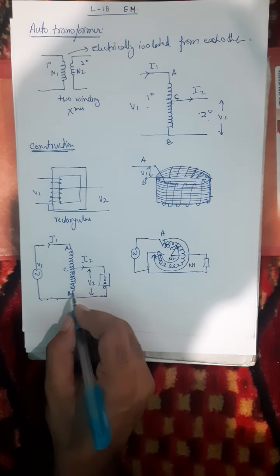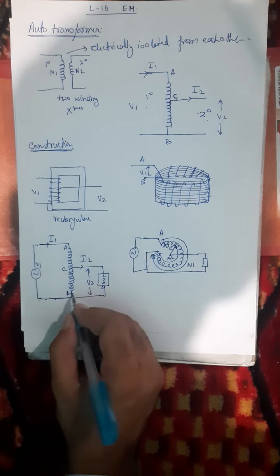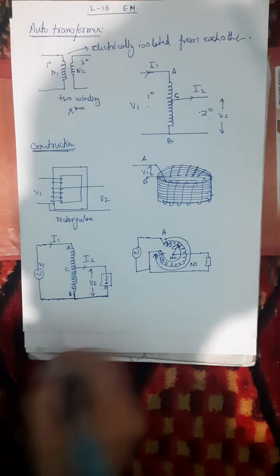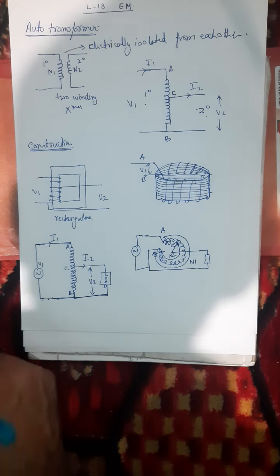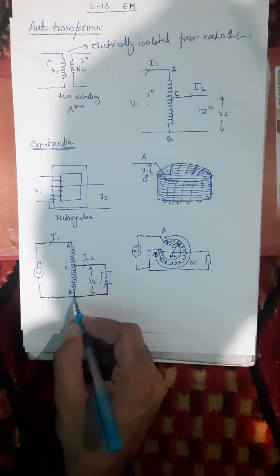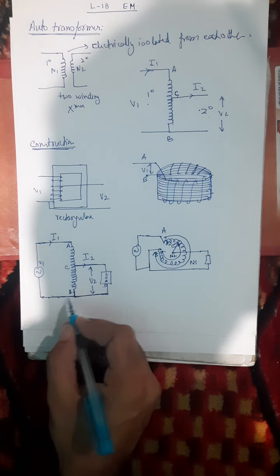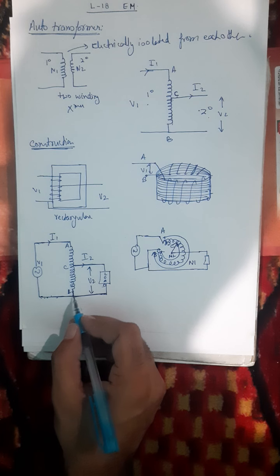You can see point B. This is one terminal of primary, and this is one terminal of secondary. This is the another terminal of primary. So point B is a common point, and one terminal of both primary and secondary winding are taken out from this point B.